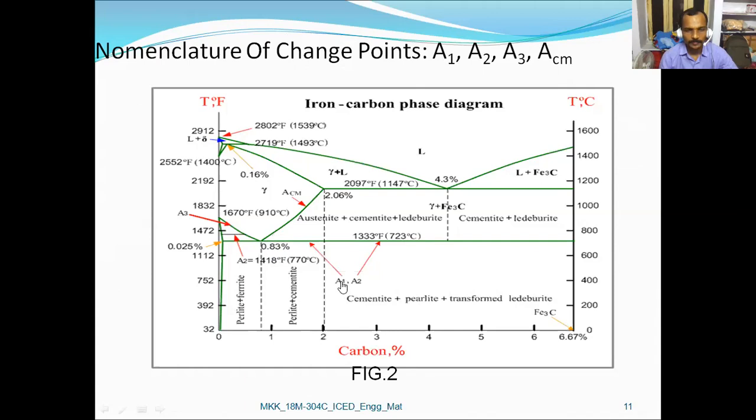A1 is here, along this particular line, at 0.025 percent carbon. A1 and A2 are here at 723 degrees centigrade, and A3 is given here at 910 degrees centigrade, nothing but 1670 Fahrenheit.